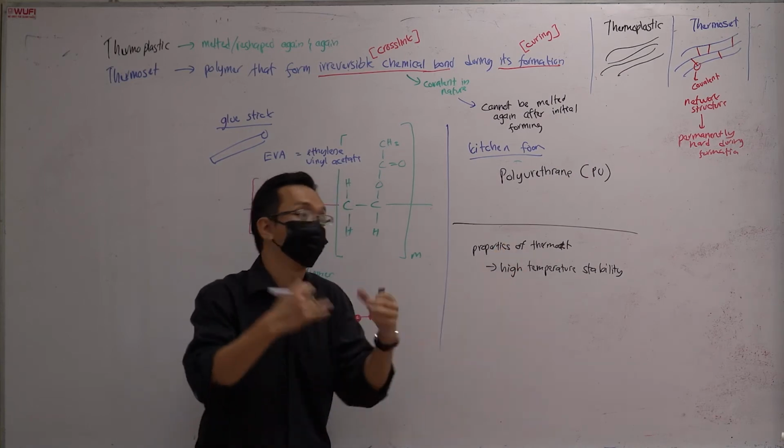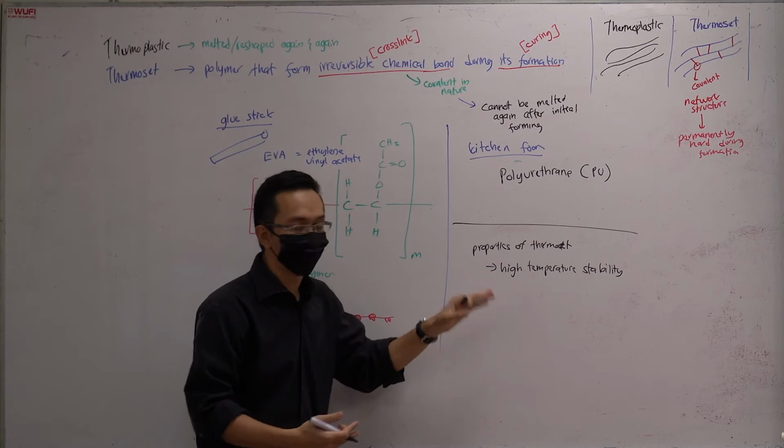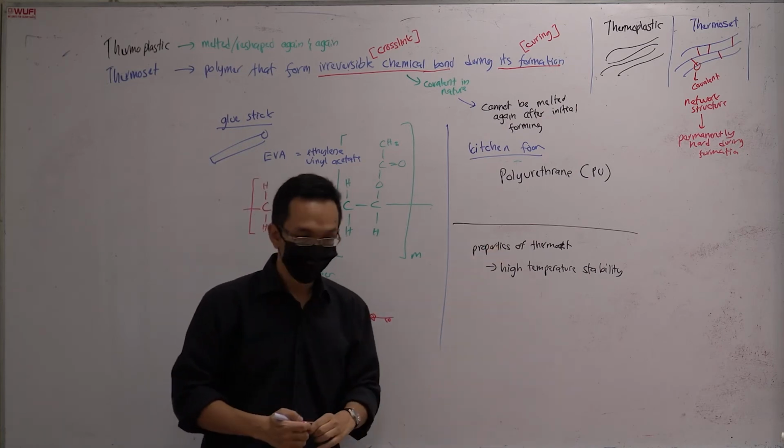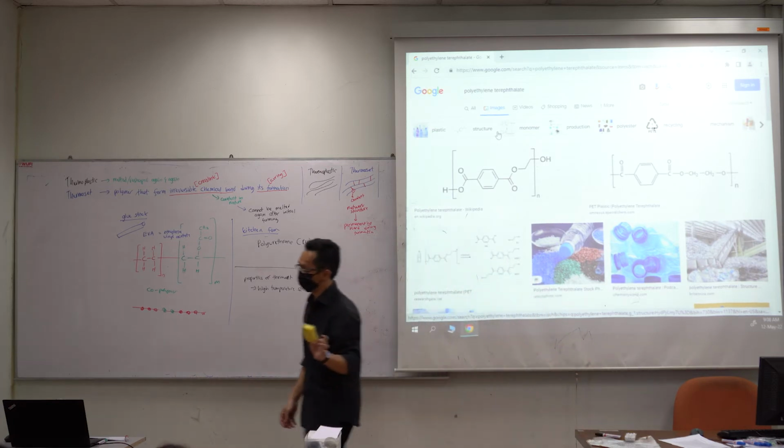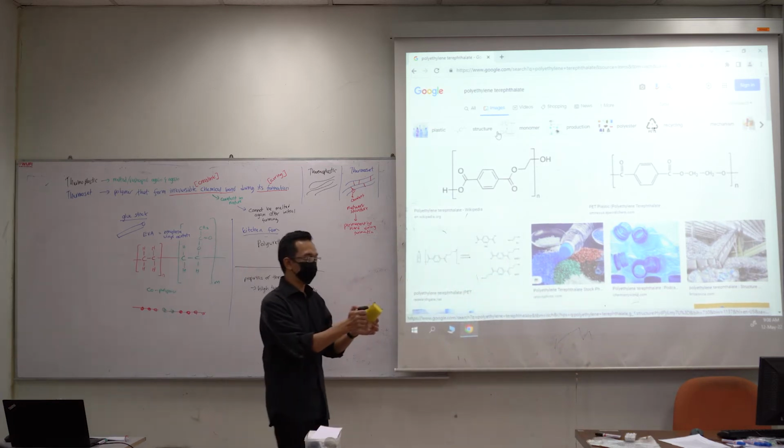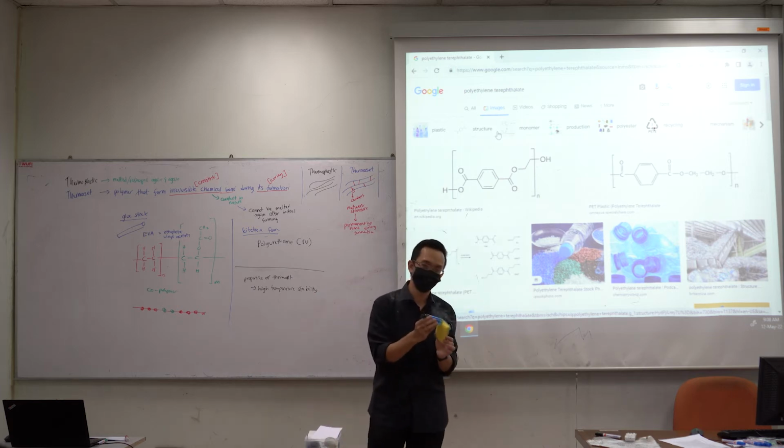Remember, thermoset doesn't melt, it burns. You need high temperature to burn that. But as you can see just now, it takes just a few seconds to burn this thing, even though this is thermoset.